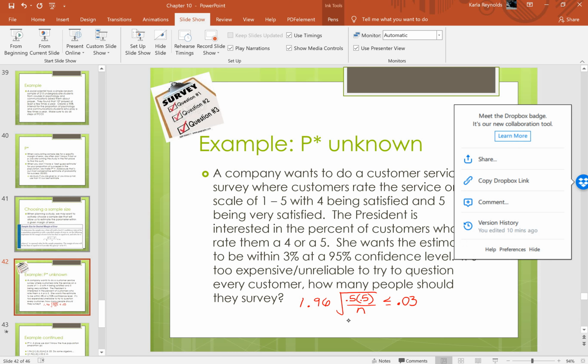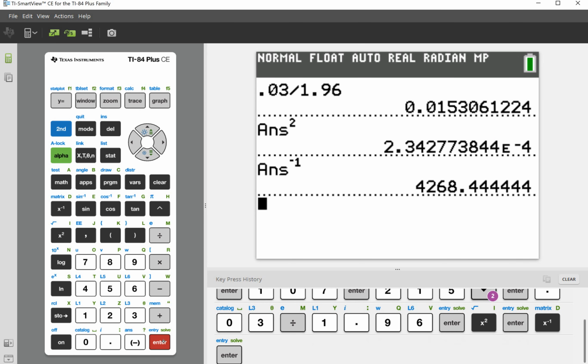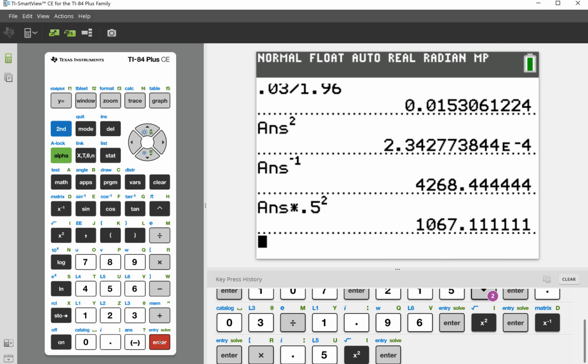And okay, so I'm going to take the reciprocal, and times by 0.5 squared. All right, so my sample size, you can do the math out yourself and see that I did it correctly.